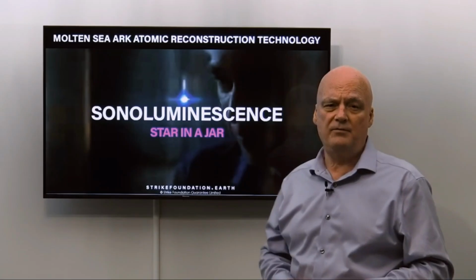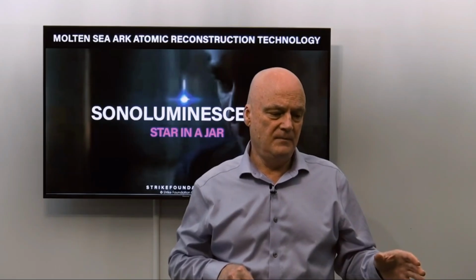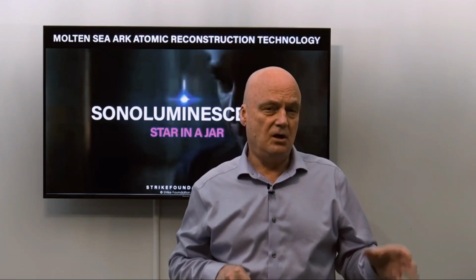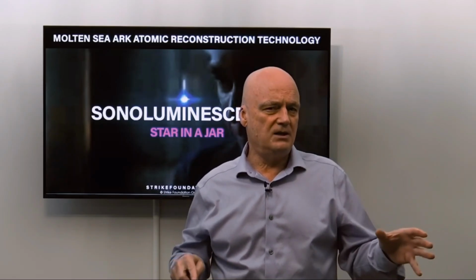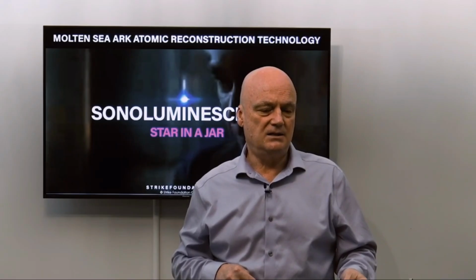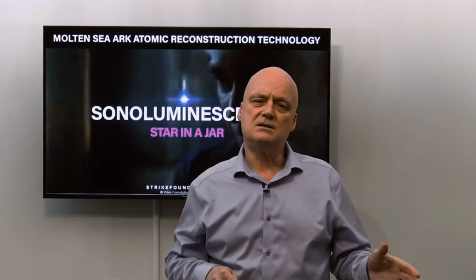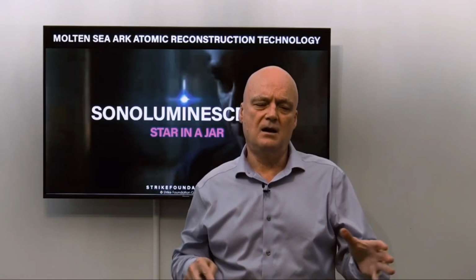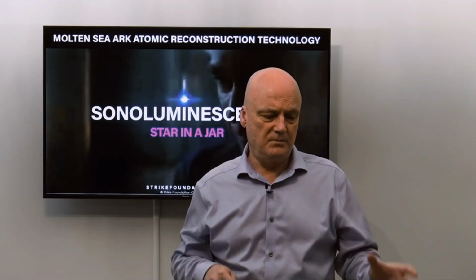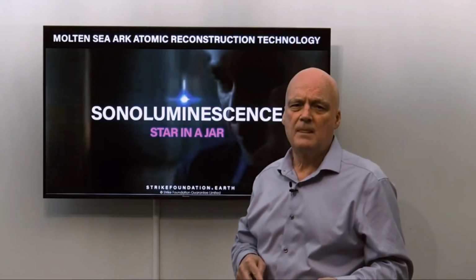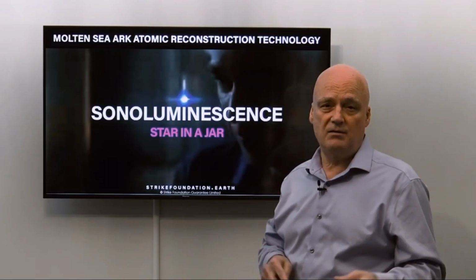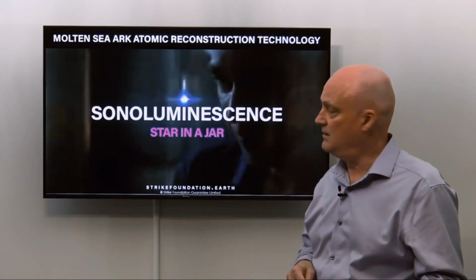Now, the UV light indicates an atomic-based reaction. There's a lot of energy coming out of that center, and embedded in this PowerPoint presentation is a video which demonstrates the forces that are involved and an explanation of them.